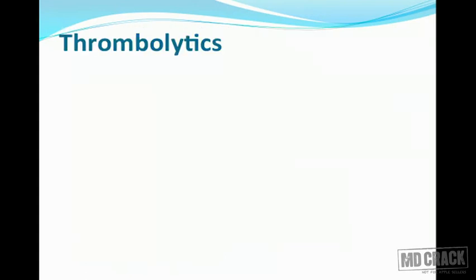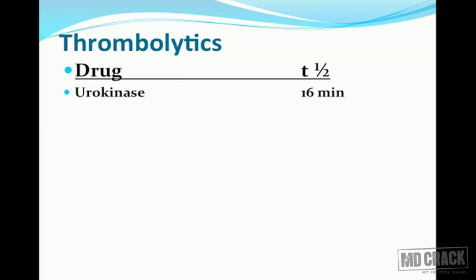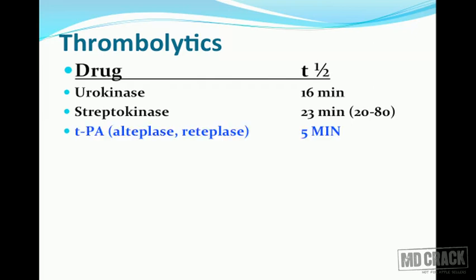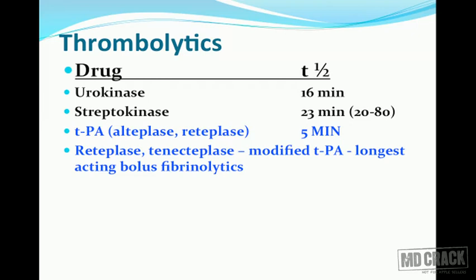So we are calling it the thrombolytic agents. For example, let's see the drug and their T-half, that's the half-life. Urokinase, half-life 16 minutes. Streptokinase, half-life is 20 to 80 minutes, on an average 23 to 24 minutes. And TPA, namely alteplase, reteplase, have got a short half-life, that's only 5 minutes.